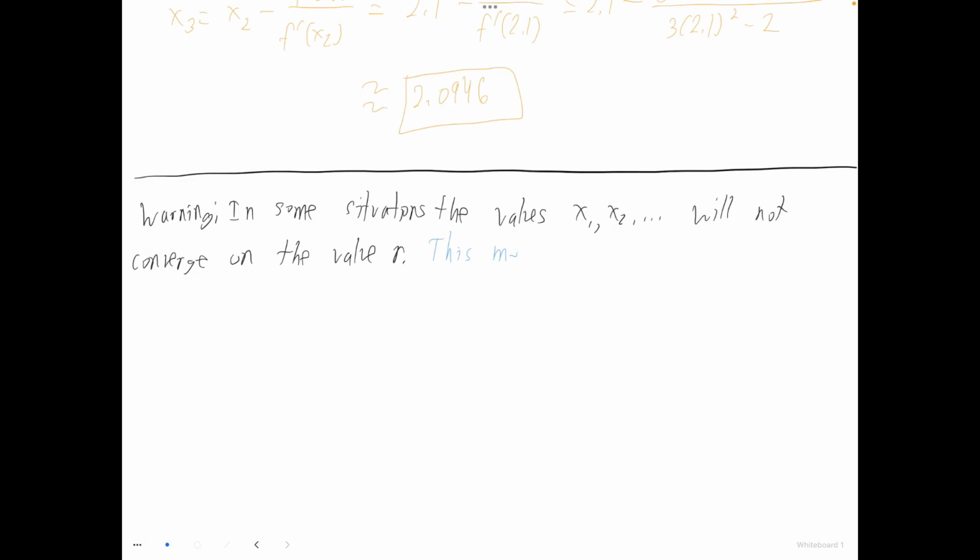This means pick a better starting guess. Because remember, we guess on the first thing. We're guessing x sub 1, and if we're getting values that are not converging, we just need to pick a better starting guess.